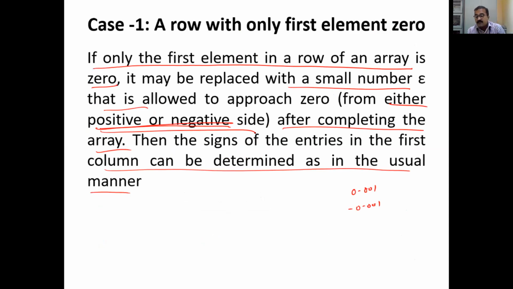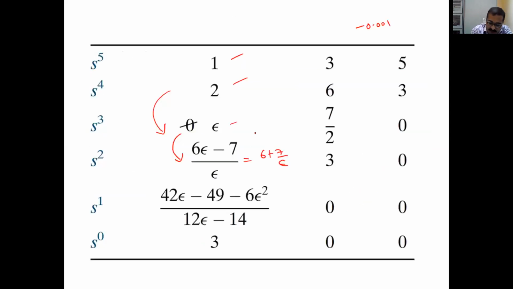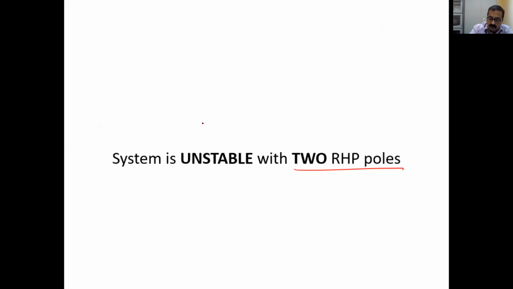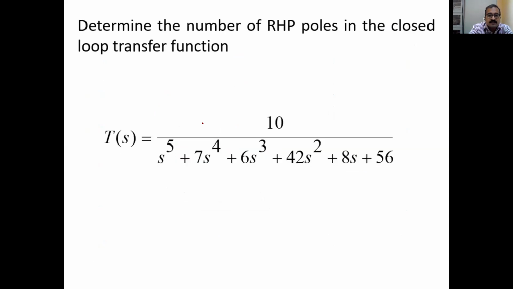But the row at which the sign change happens may be different, because if epsilon was positive in the previous case, there was no sign change here. But now since epsilon is negative, plus 2 to minus epsilon is a sign change. That's the only difference. So there will be two sign changes and hence the system is unstable.